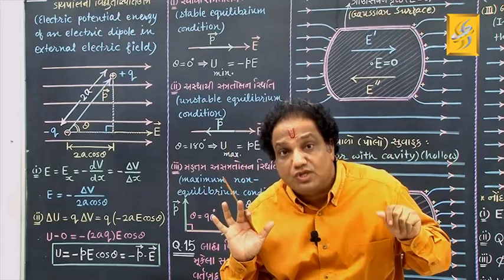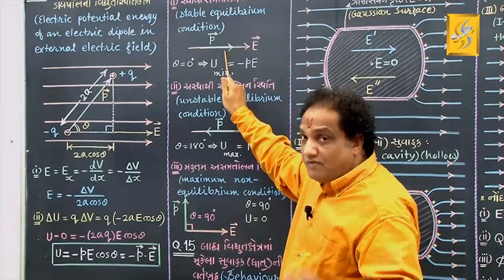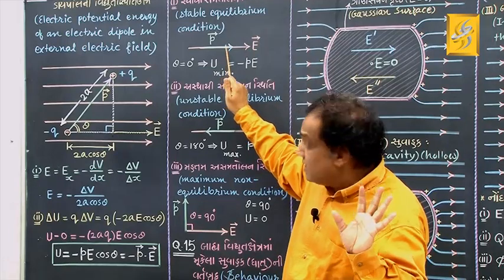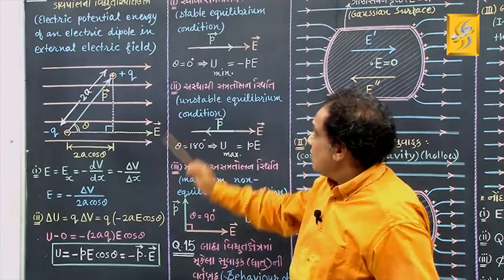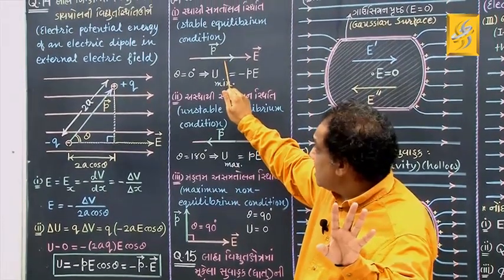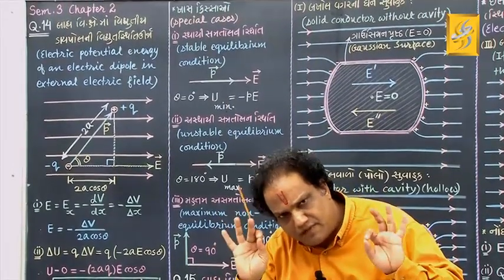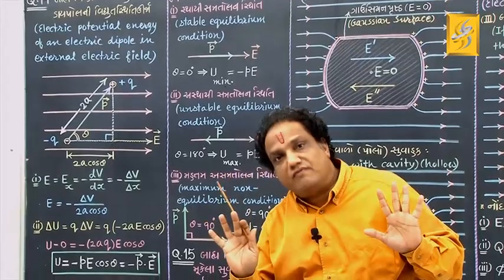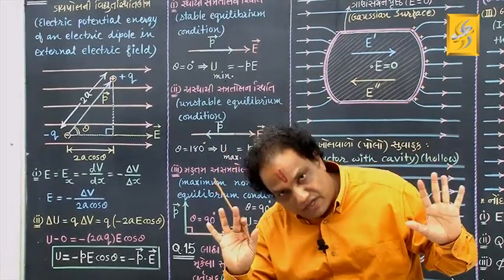Ultimately torque will be 0. If torque is 0, then this dipole will remain stable in this condition itself. Unless you exert some external torque, this dipole is not going to rotate, it will remain in the same condition. That's why we call it stable equilibrium condition.